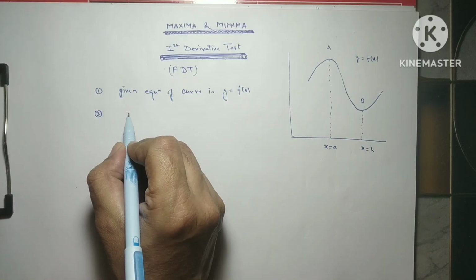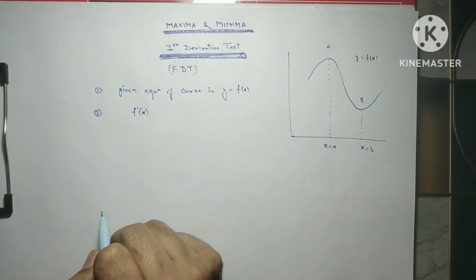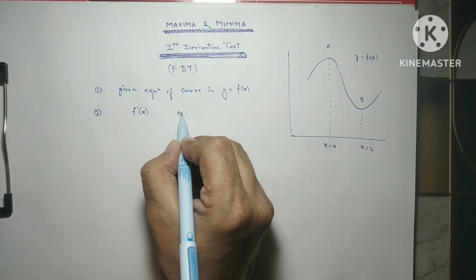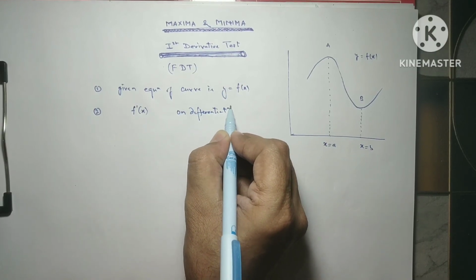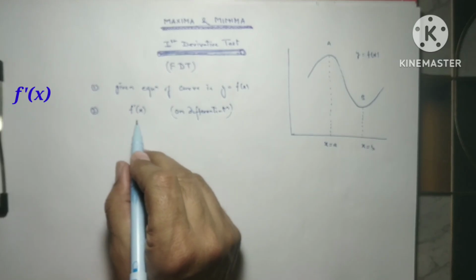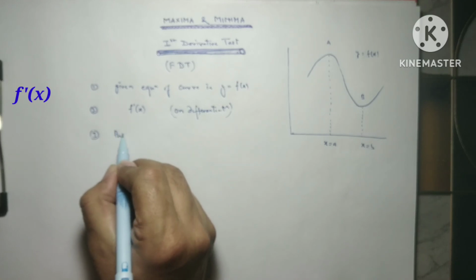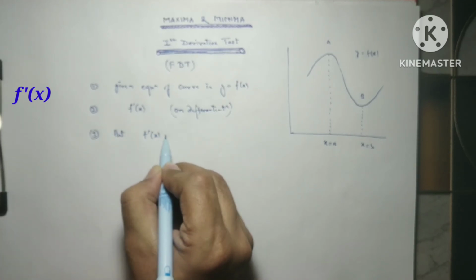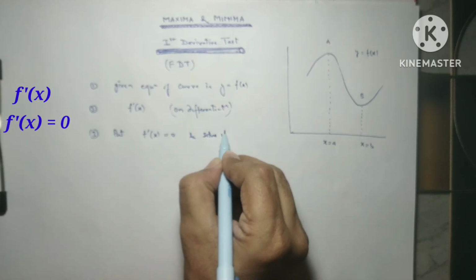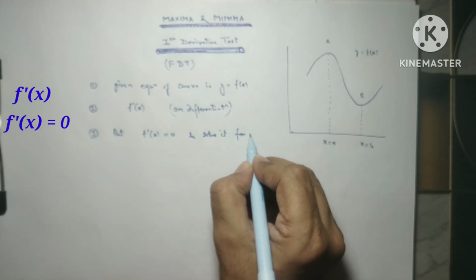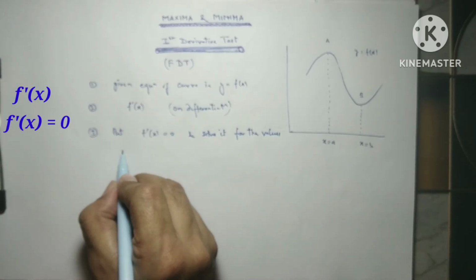We differentiate this and get f dash x, the first derivative, and now we put f dash x equals to 0 and solve it for the values of x.